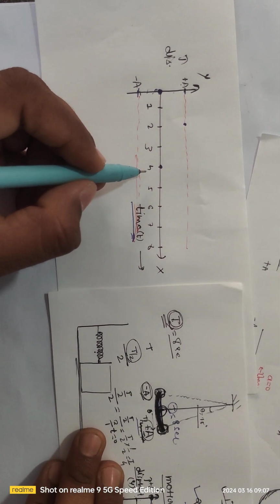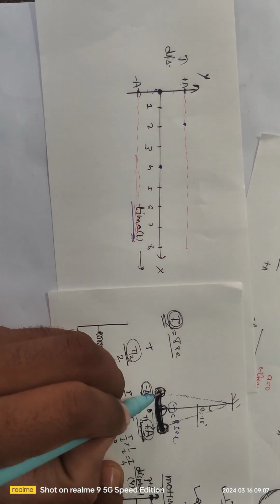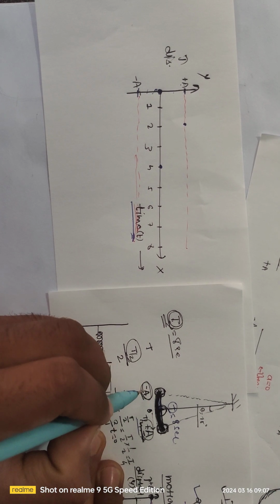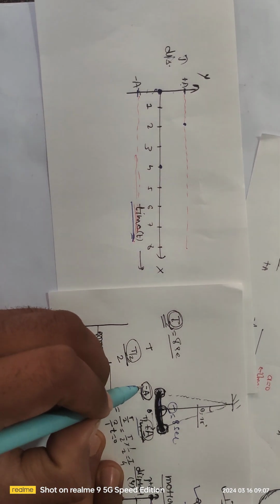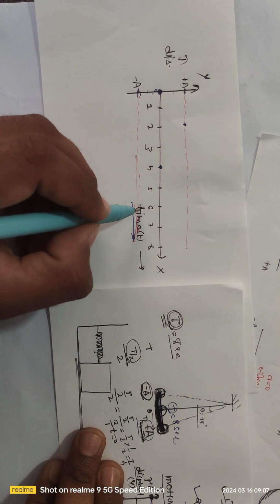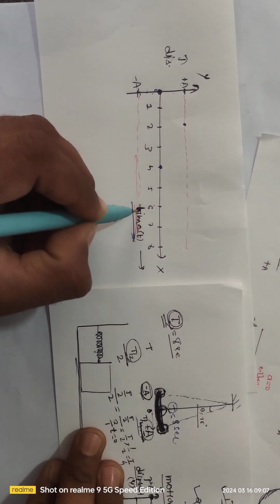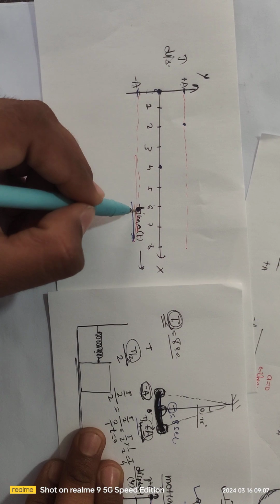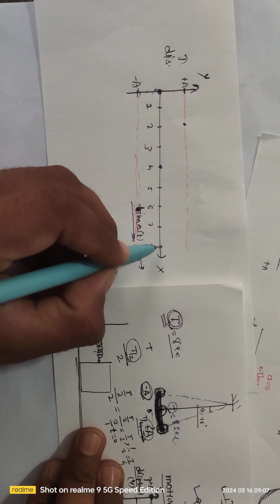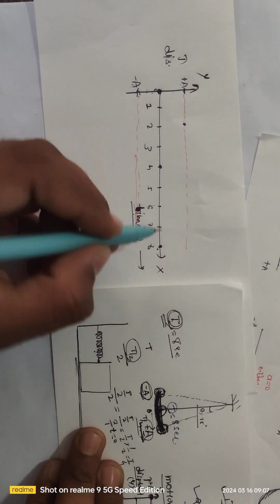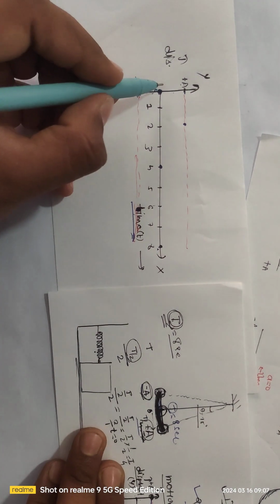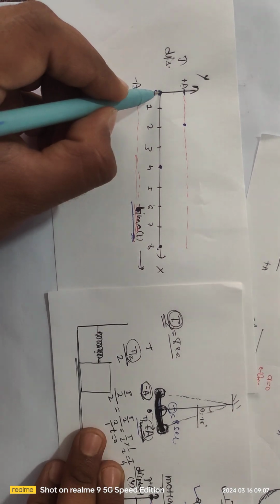The third time, after 2 seconds, it will go to the extreme value in the opposite direction, the negative direction. So at 6 seconds it will be at the maximum level of the negative. Again at 8 seconds, it will reach its mean position.